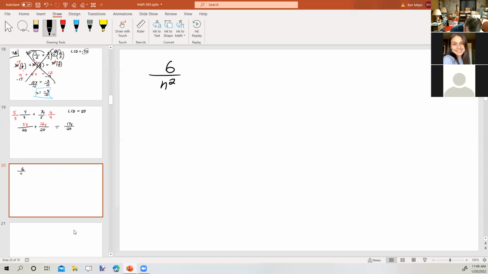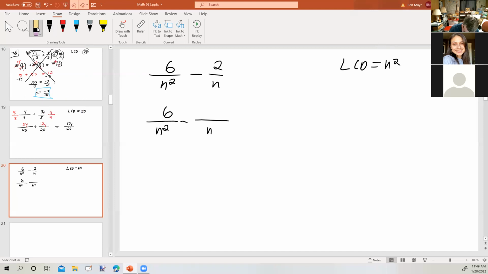All right, take a look at this one. 6 over n squared minus 2 over n. What is the least common denominator? N squared. If it ain't broke, don't fix it. So the first fraction already has the least common denominator.